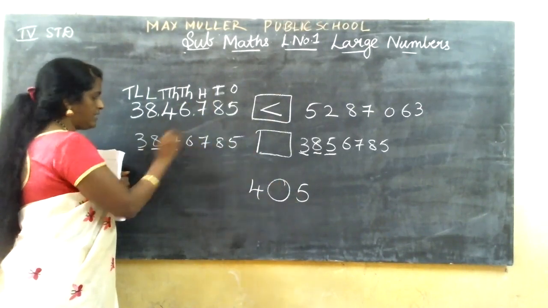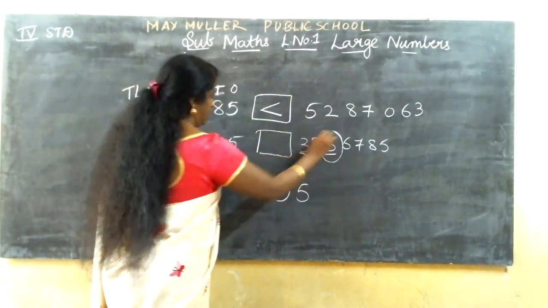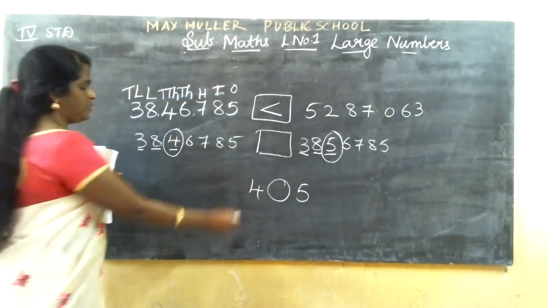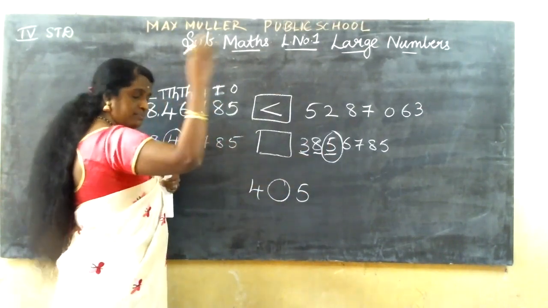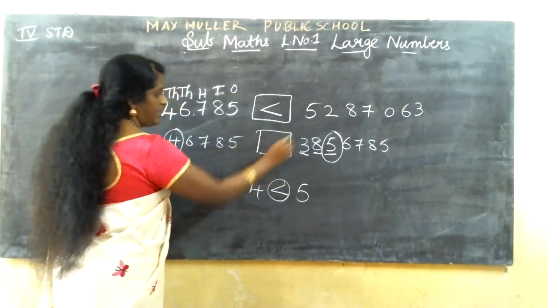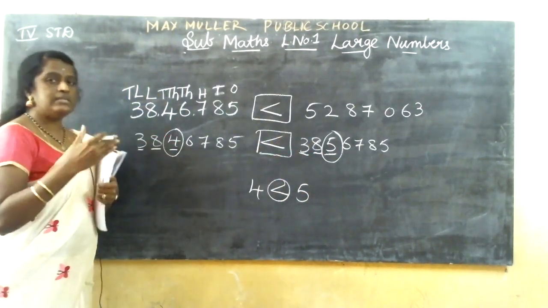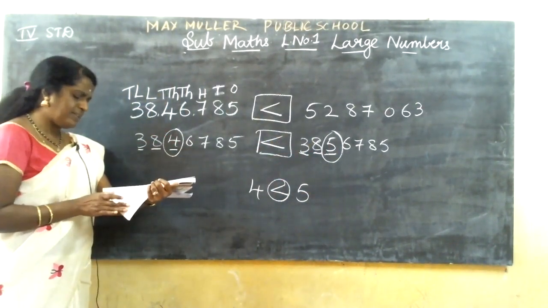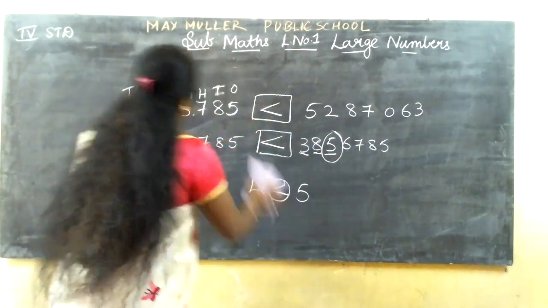See, 3, 3, 8, 8. So 4 and 5, which is greater? 5 is greater, this is the bigger number. So we put the greater-than sign. So you should look at one number at a time and go on, children. Like that only. See, one more I will teach.